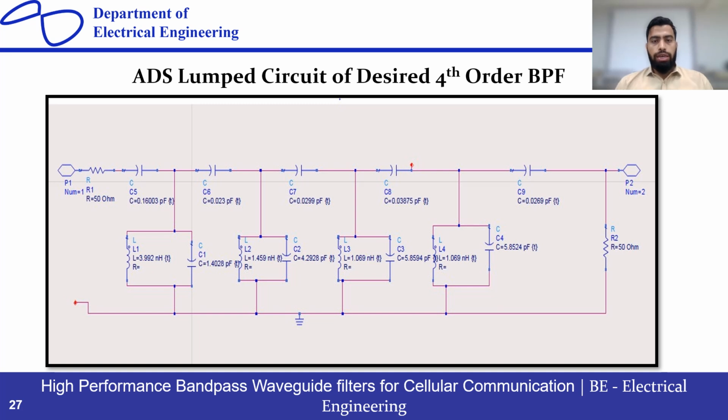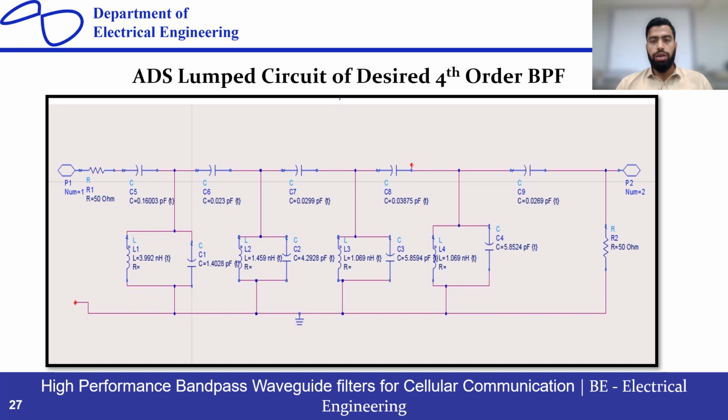Okay, so in this slide, I have shown the ADS lumped circuit of the desired fourth order filter, which I designed in my ADS software. Here, as you can see, this is the source, and these are the coupling capacitors, which are declared through the inter-resonator coupling windows in the HFSS software.